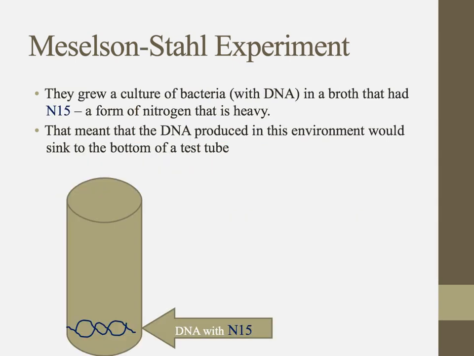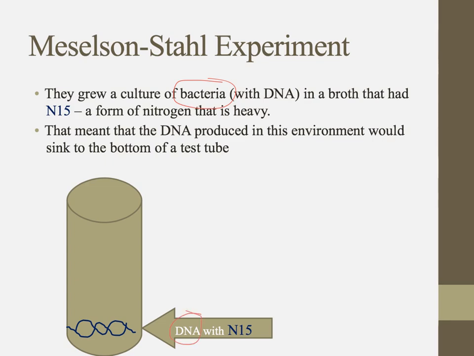The way that they did that was absolutely genius. They grew a culture of bacteria. Again, they reproduce really quickly, so it's easy. They grew them in a broth that had a heavy nitrogen isotope, and that heavy nitrogen isotope attached to the DNA.